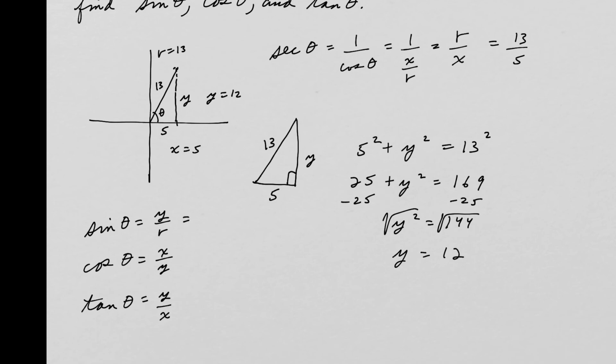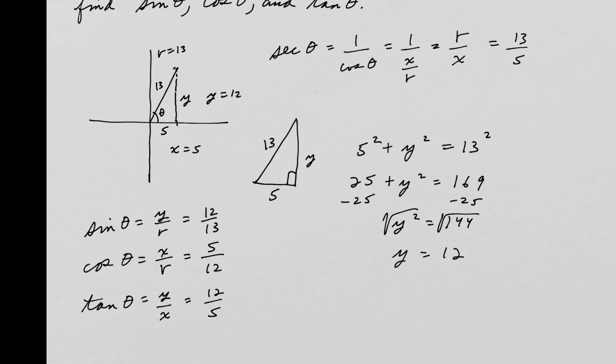So sine must be 12 thirteenths. Cosine must be 5 thirteenths. There should be r here; it's x over r. And then tangent is y over x, so that's going to be 12 over 5.